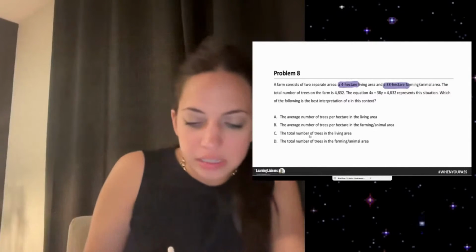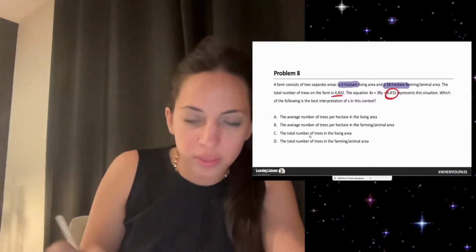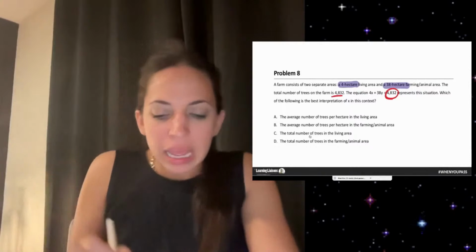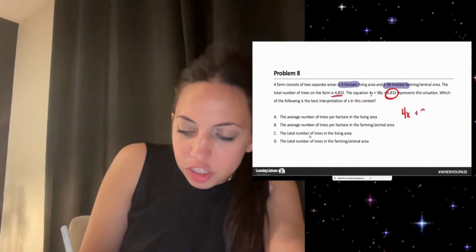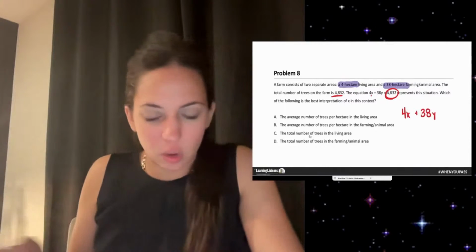And so they tell us that the total number of trees is 4,832. So our equation equals 4,832, which, yeah, we get it. But then they have 4 times x plus 38 times y. And so what does x equal?